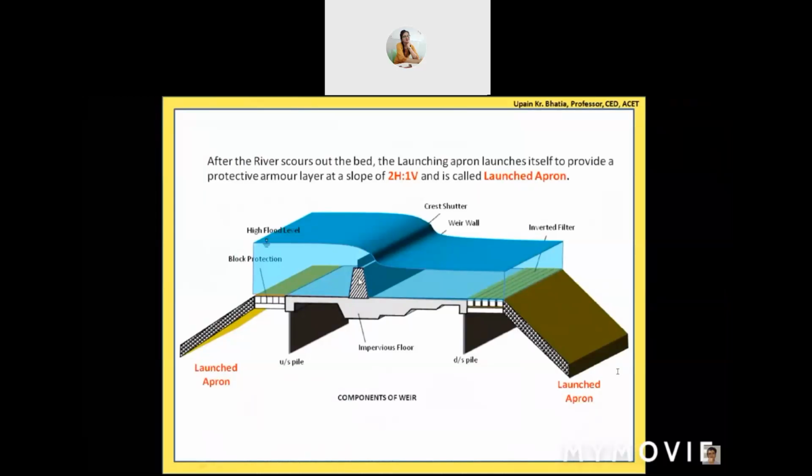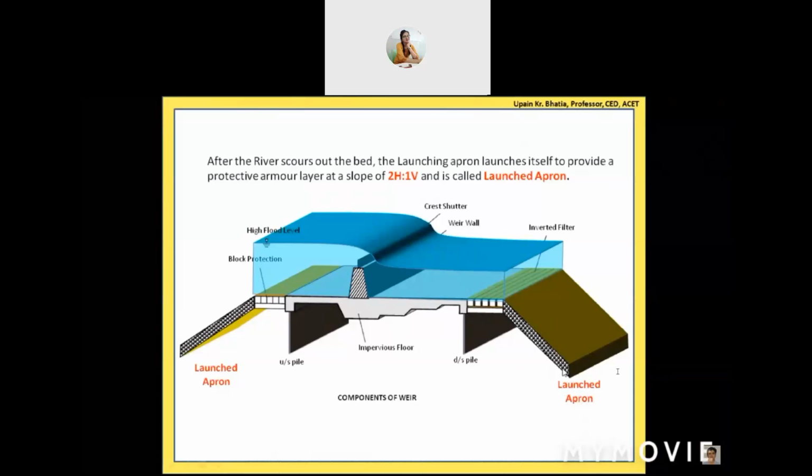Now, when the normal conditions prevail, this bed level may start building up again because of the deposition of the sediment that comes from the side. But this launched apron will remain in the position of the launched apron, and it will keep protecting, because the river bed is loose, unconsolidated, and cohesionless material.